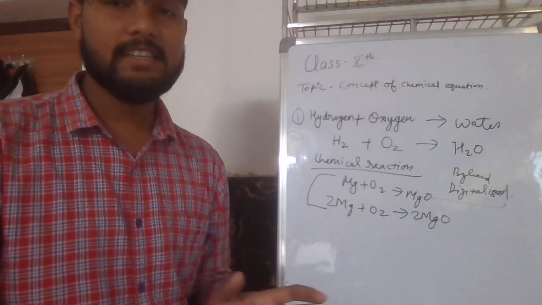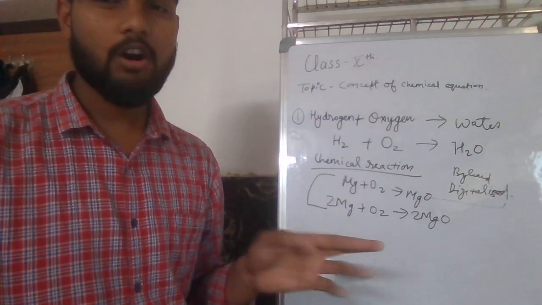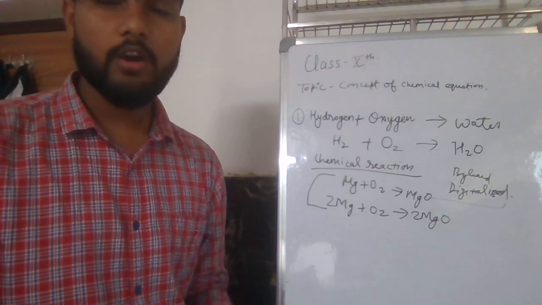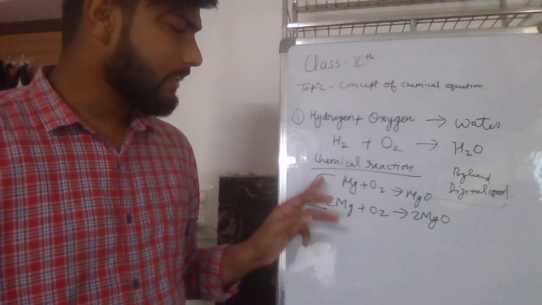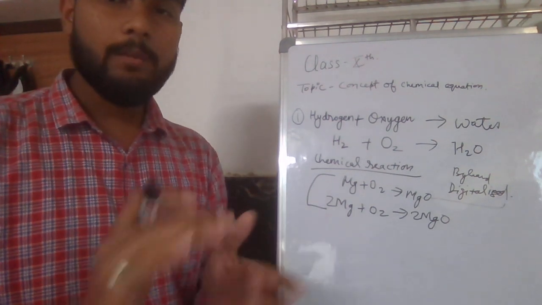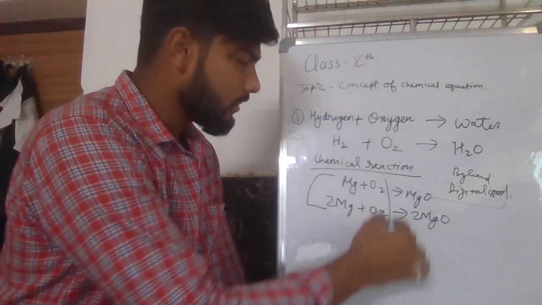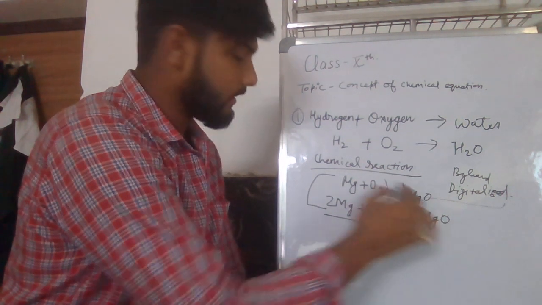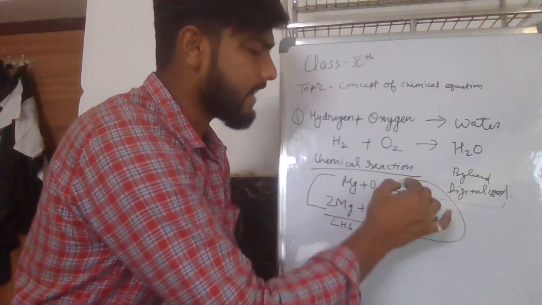Now let's examine the number of atoms of different elements on both sides of the arrow. The reactants are on the left hand side, LHS, and the products are on the right hand side.